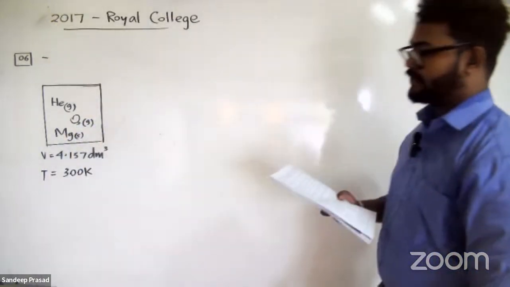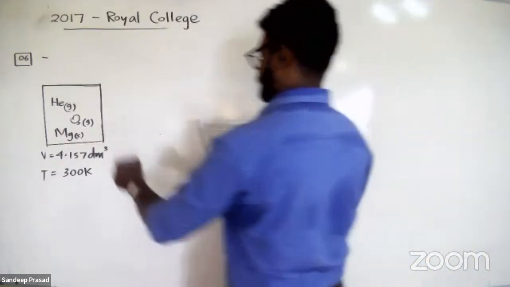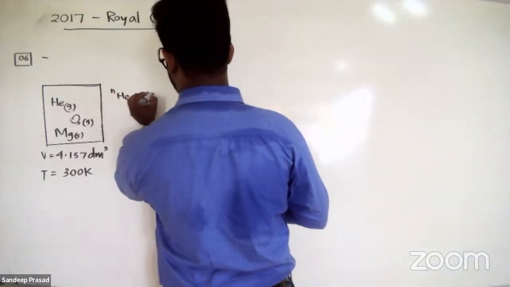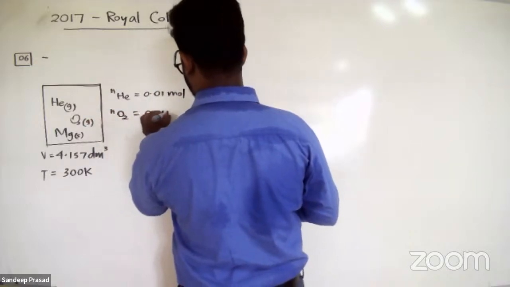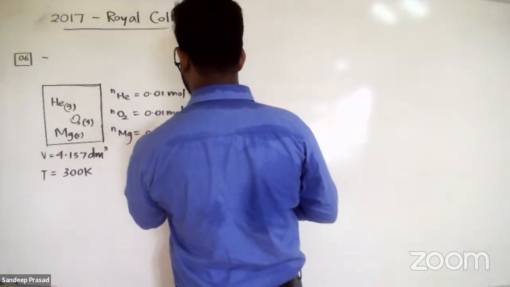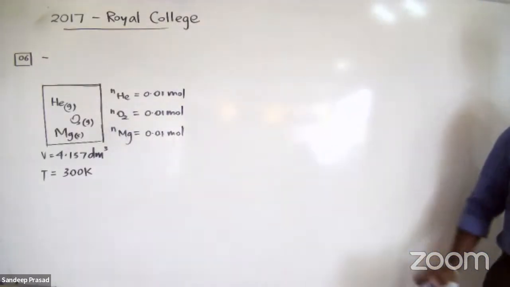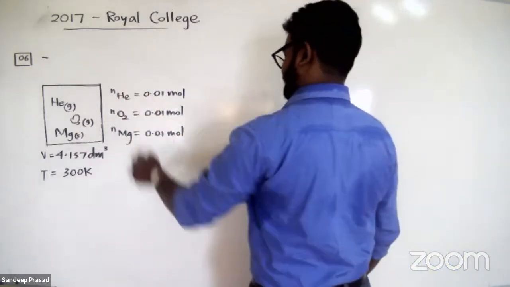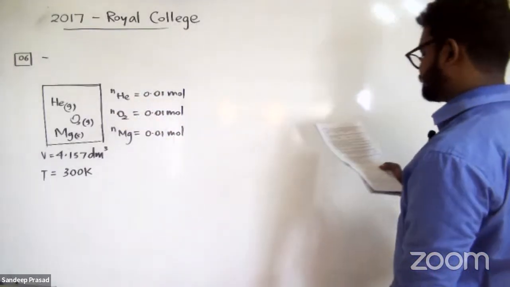From each, they have placed 0.01 moles. Mole is the simplest parameter to measure the amount in chemistry. You learned these things in your O-level time also, right? So they have inserted helium 0.01, oxygen and magnesium also the same way.